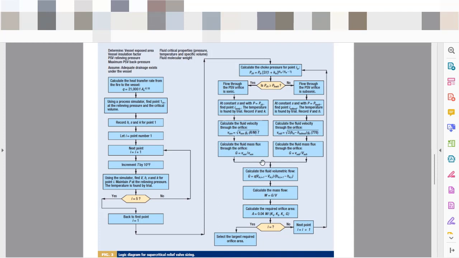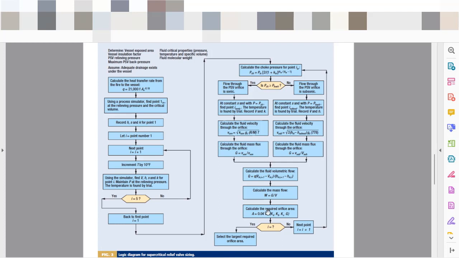That's done based on the heat input and also the delta specific volume divided by the delta enthalpy. It's possible to calculate the fluid volumetric flow, and with the fluid volumetric flow and the specific volume of the fluid, it's possible to calculate the mass flow of the system.